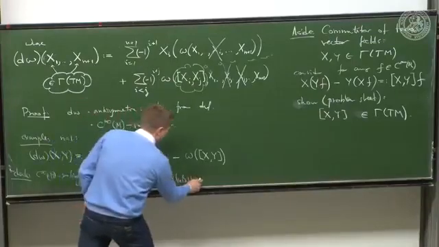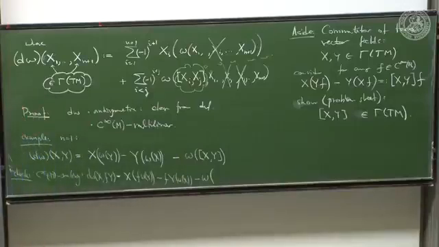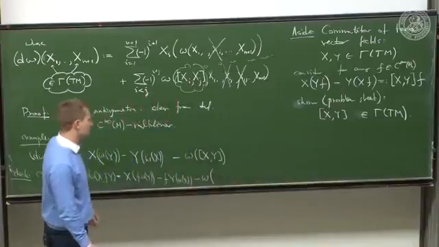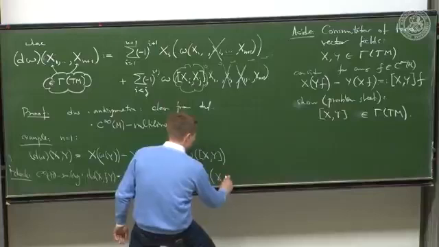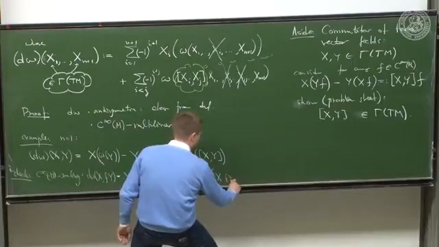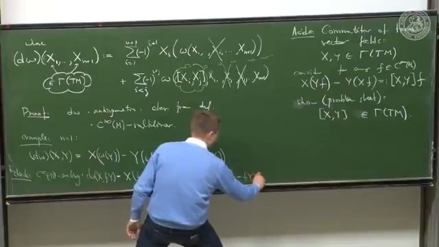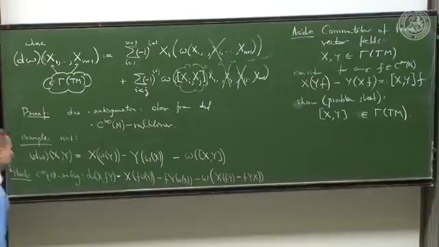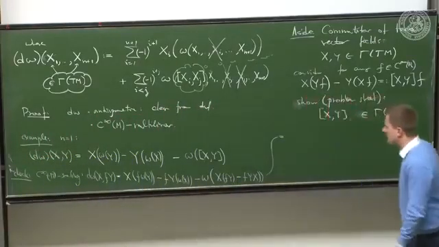Okay. Now here we need to work a little. It's omega, and now it's the commutator of X and Y, and there is an f in here in between. So how does that look? Well, that's an X acting on fY minus fY acting on X. This finishes like this. So we go up here, equals. Aha.